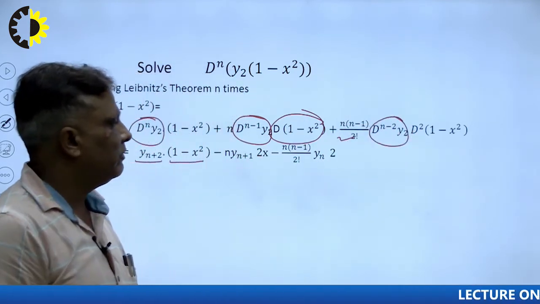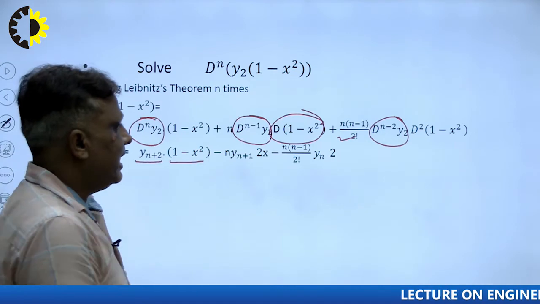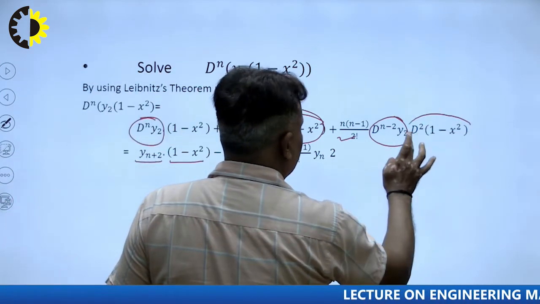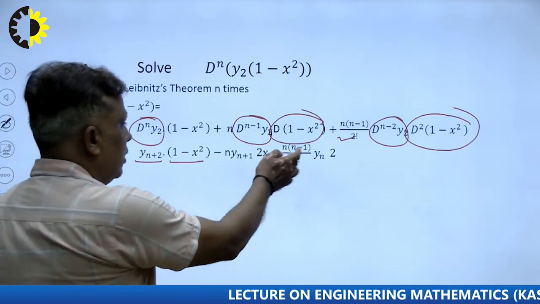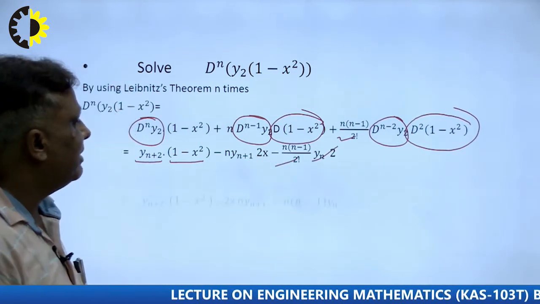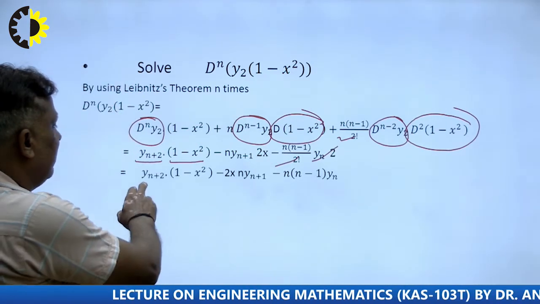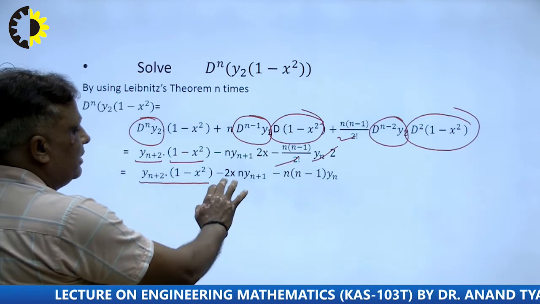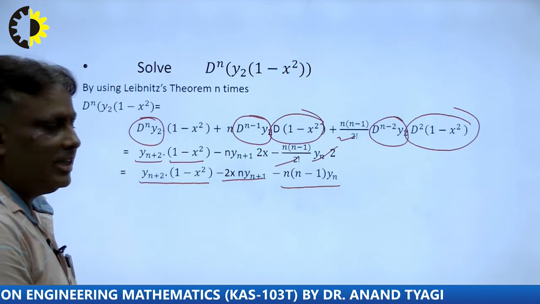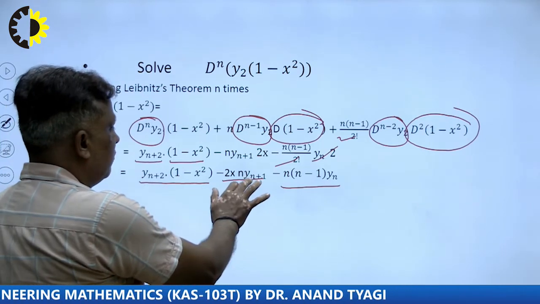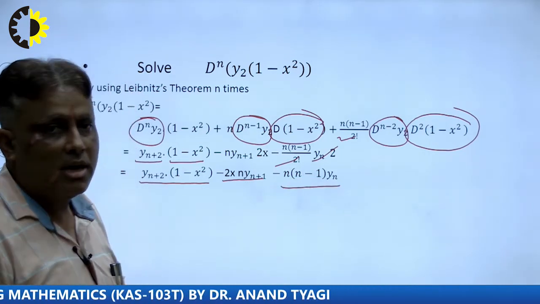The result will be yn, right? And what is the result of these terms? It will be minus 2. I write here, 2 cancels out. So what will be the final result? This term is as it is, this is as it is, and n minus 1 is as it is, right? There are all unlike terms, y(n plus 2), y(n plus 1), yn. So this is our problem.